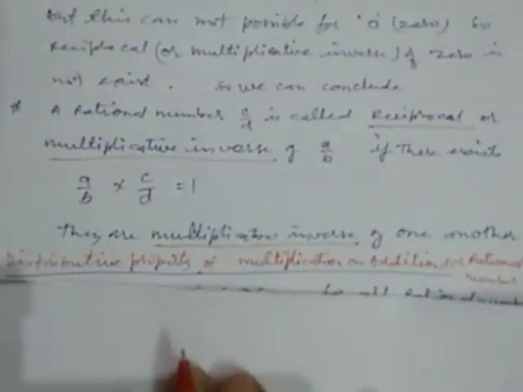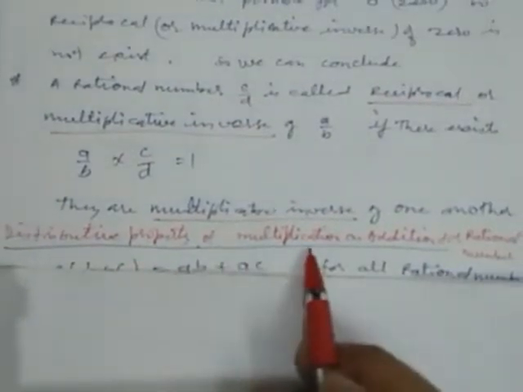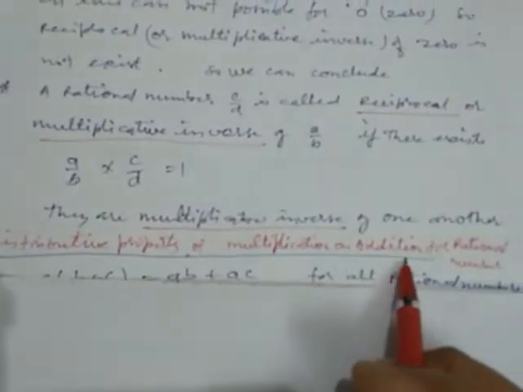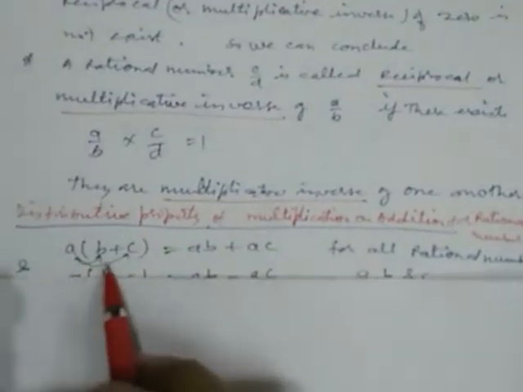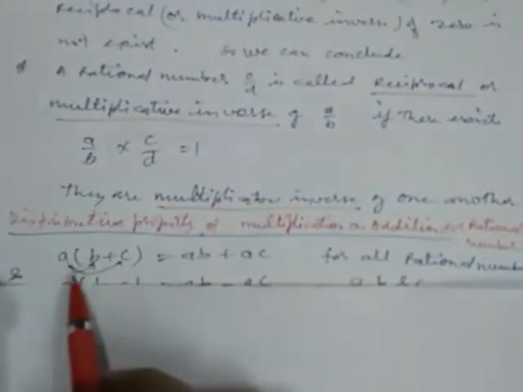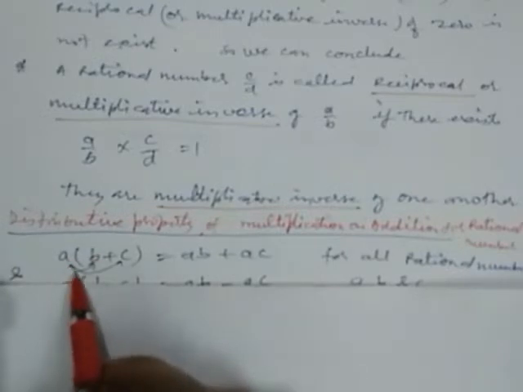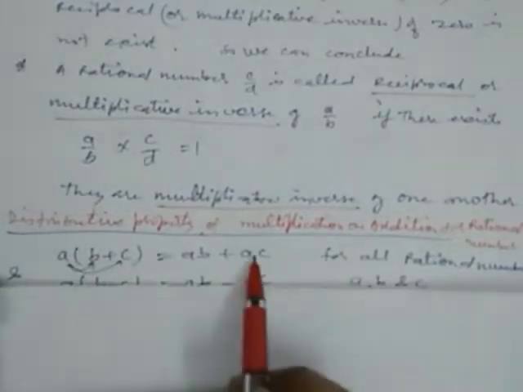Now we learn another property, the distributive property of multiplication over addition for rational numbers. Here A into B plus C. Now A is outside of this bracket, so A is multiplied by B and A is multiplied by C. So we get AB plus AC.